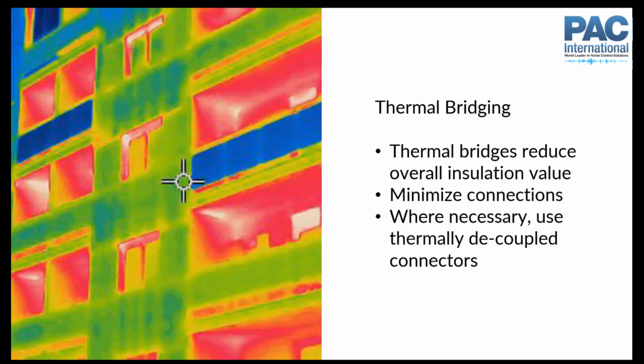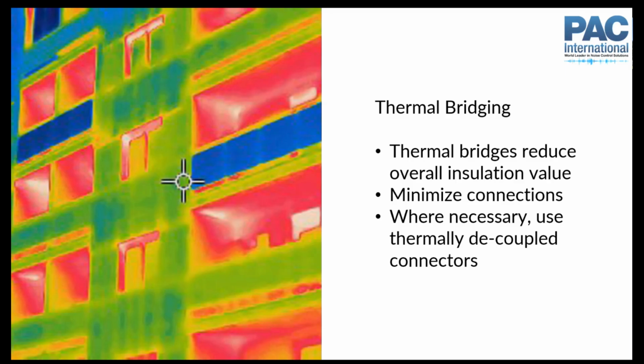So if we're thinking about a wall and its thermal insulation value, say we've got just a stud wall, maybe a 6-inch stud, and we've got R19 insulation in the stud cavities. Well, R19 is the value of the insulation in those cavities, but that's not necessarily the overall insulation value of the wall, because every time we've got a stud, we've got a thermal bridge that's going to be a more efficient transmitter of heat from one side of the wall to the other.